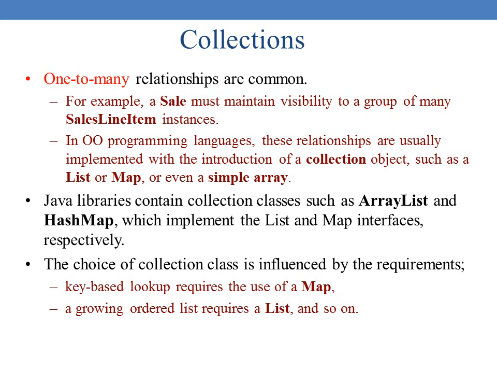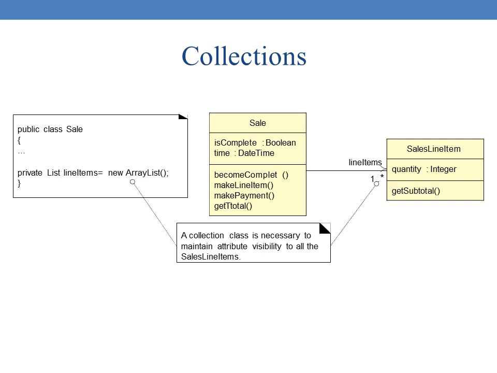Key-based lookup requires the use of a map. A growing ordered list requires a list, and so on. So this is mainly used for handling the items in particular collection objects. So here, in sale, the collection object is a new ArrayList. The list of items is going to be stored in the particular ArrayList object, that means the list of line items.